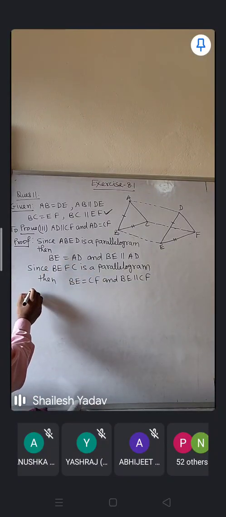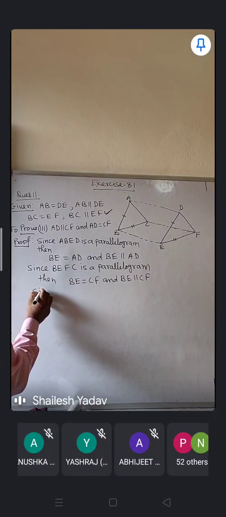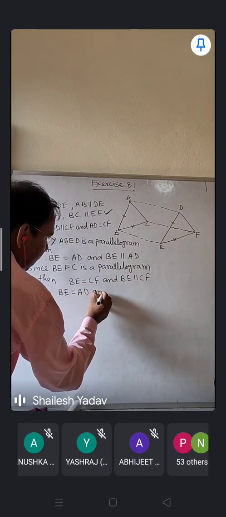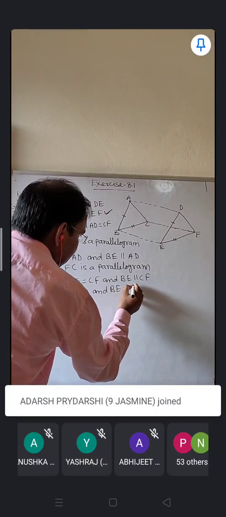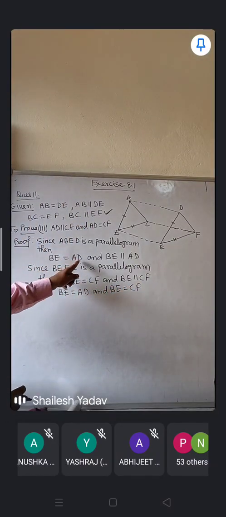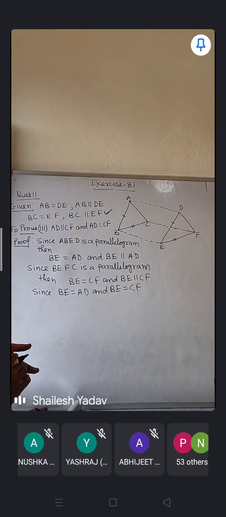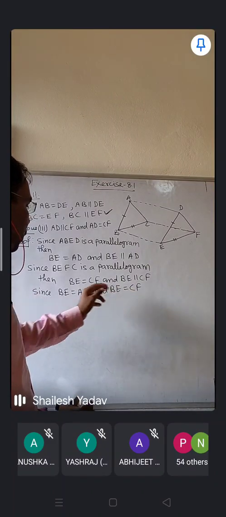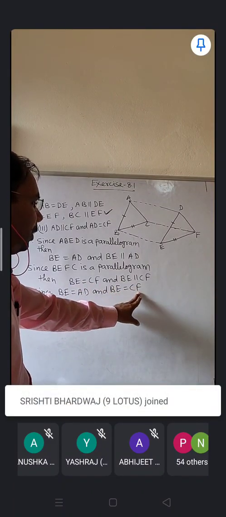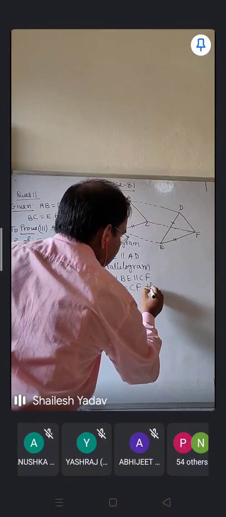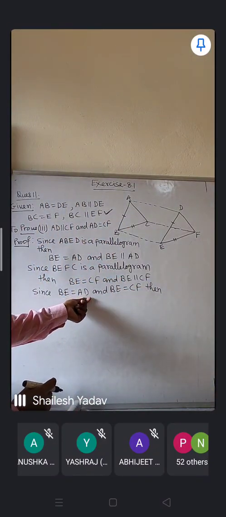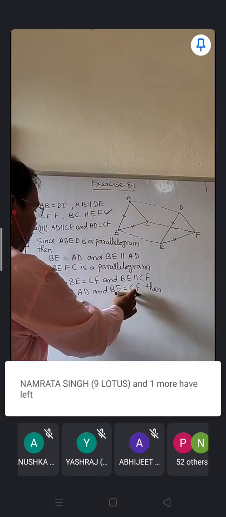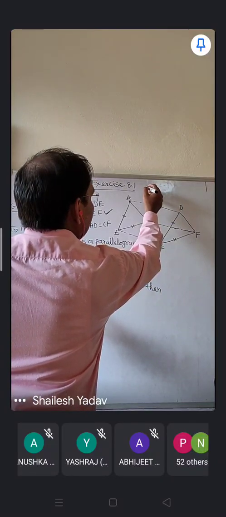So here you will write, since BE equal to AD and BE is also equal to CF, students, if one thing is equal to two things, it means that both will be equal. If BE and AD are equal and BE and CF are equal, it means that AD and CF will also be equal.